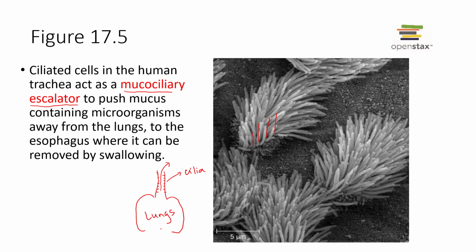We don't want pathogens to get into the lungs because the lungs are a very vulnerable part of our body. It's a very important part of your body because that's where your gas exchange occurs. In the lungs, this is where we're getting our oxygen. Oxygen gas is diffusing into the lungs into very small capillaries.